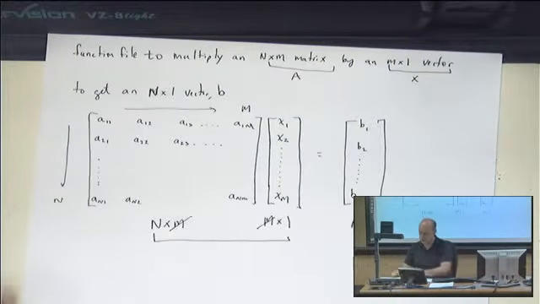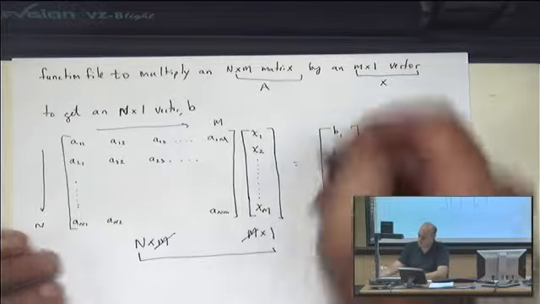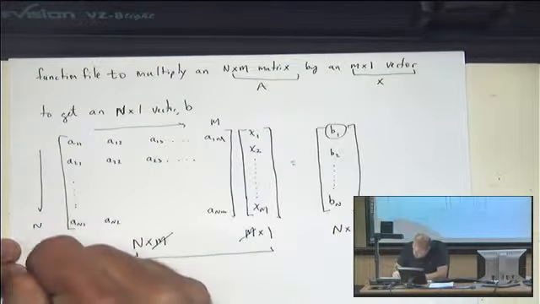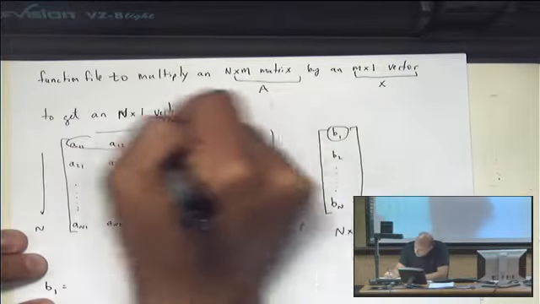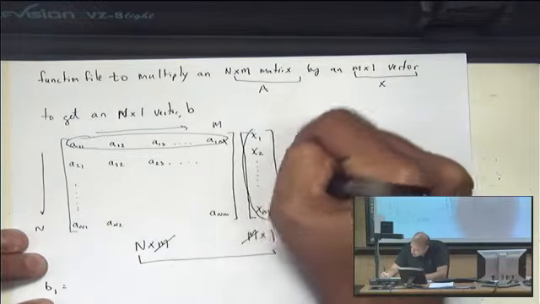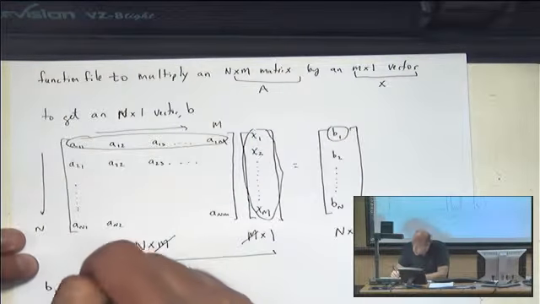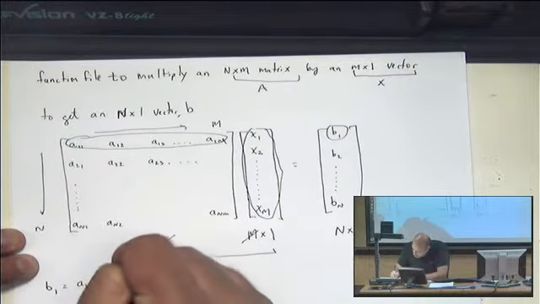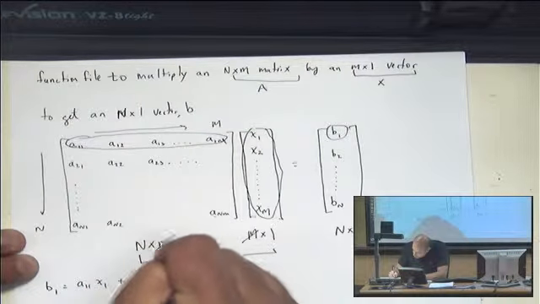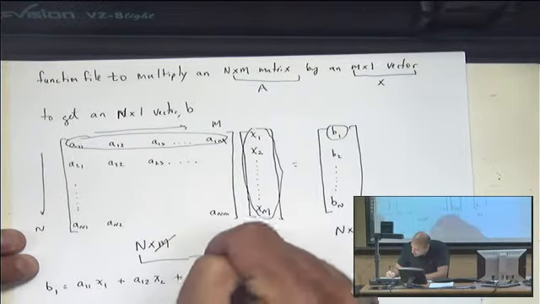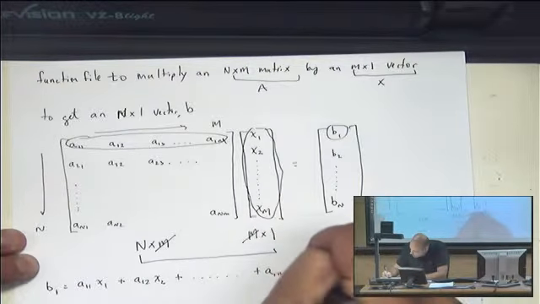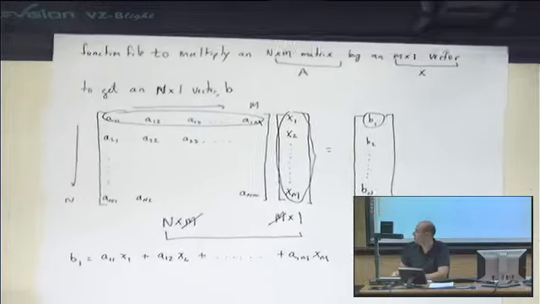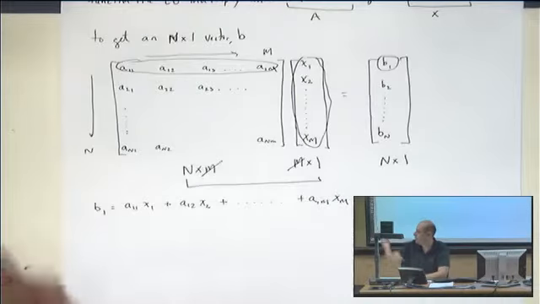Now, if it's been a while since you've done matrix vector multiplication, the way we do that is we say that B1 is equal to the dot product of the first row with this column. So B1 would be A11 x1 plus A12 x2 plus dot dot dot A1m xm. That's how that would be.